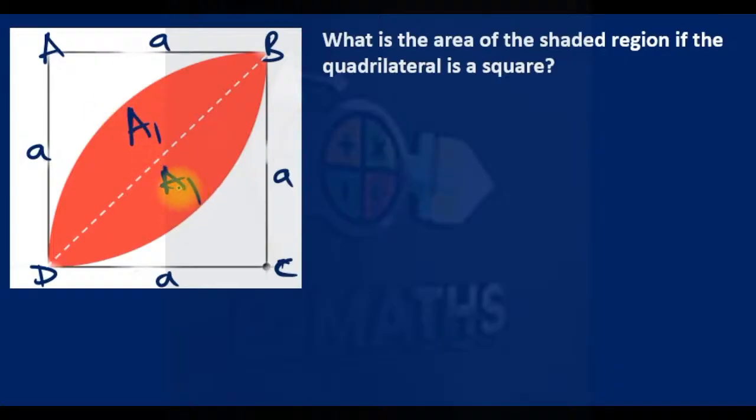These two areas are the same, meaning that the area of the shaded region is 2A1.